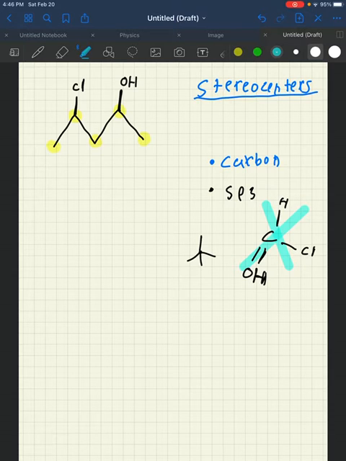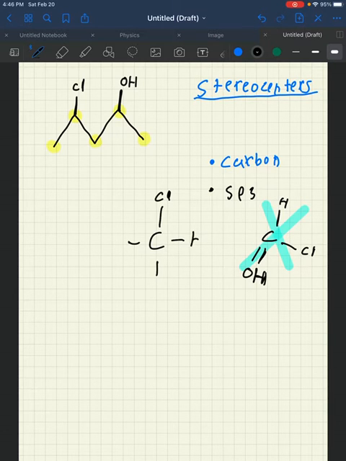We want our carbon to look like this. Me is just an abbreviation for a methyl group, and a methyl group is going to look like that on your bond line structure.